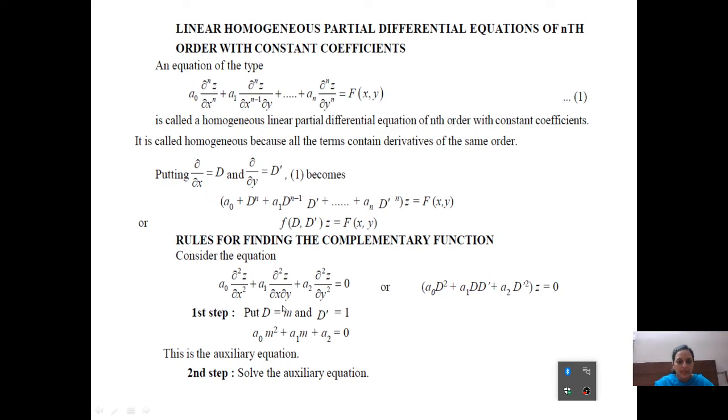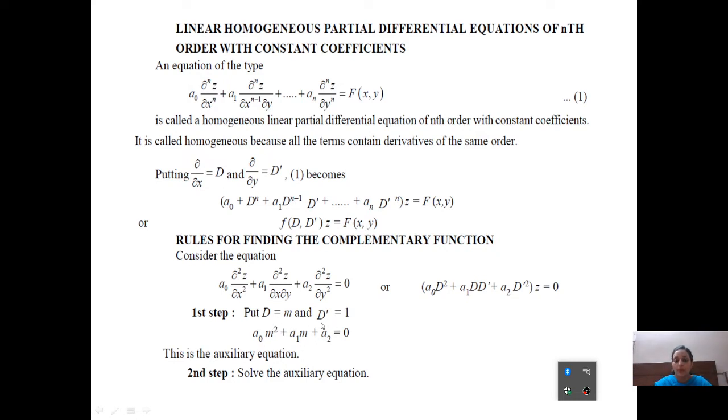For example, we have taken an equation of this form, where right hand side is placed 0 because we are not going to discuss PI here. So this is the partial differential equation. D represents derivative with respect to x and D dash represents derivative with respect to y. To solve the CF part of this kind of equation, we frame the auxiliary equation.